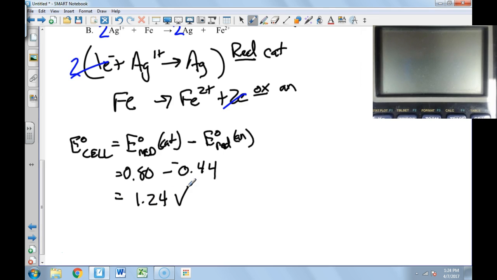Potential of the voltaic cell. Now we do the same thing that we did before with delta G, using this formula. Delta G equals negative nFE, and so we have F. n is the number of electrons being transferred, which in this case is 2, and then E we just calculated, so let's do that.